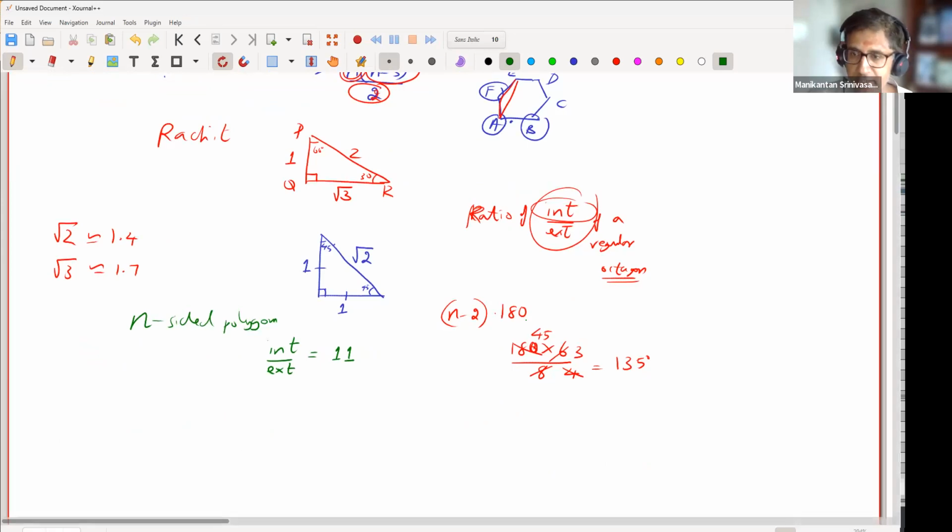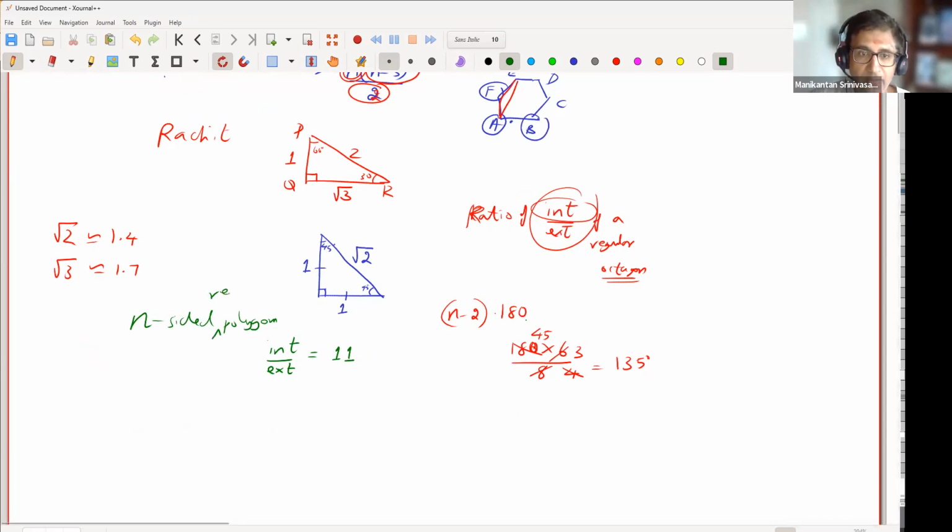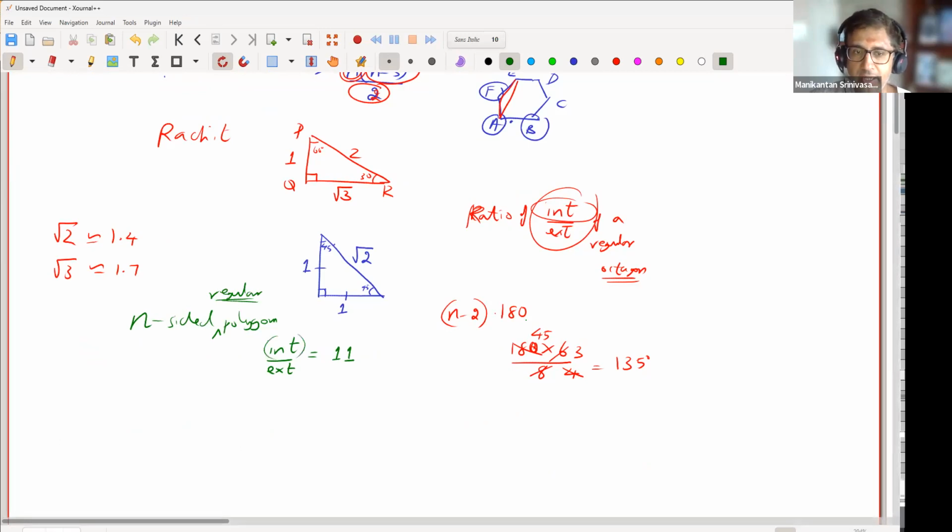Is the question clear? I've just written it cryptically. Yes, sir. Wait, it's a regular polygon? Very good question. Regular polygon. Only then can I talk about ratio, right? Otherwise each interior angle and each exterior angle will have a different value, and I cannot talk about ratio. Thanks for spotting that. In an n-sided regular polygon, the ratio of the interior angle to exterior angle is 11. Find the number of sides.